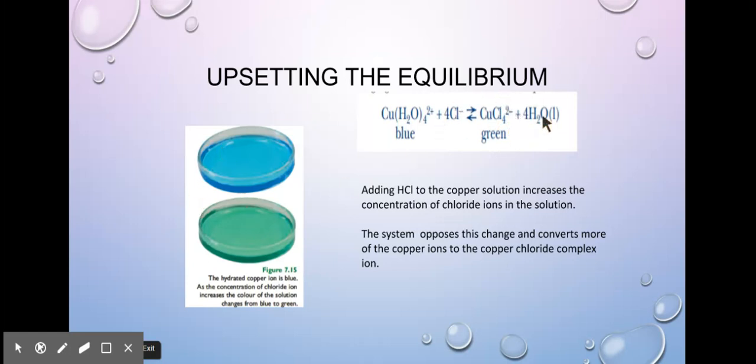When we added more water, the system used up some of that water to remake the copper hydrated, and that made it blue. So we spent a bit of time pushing it backwards and forwards.